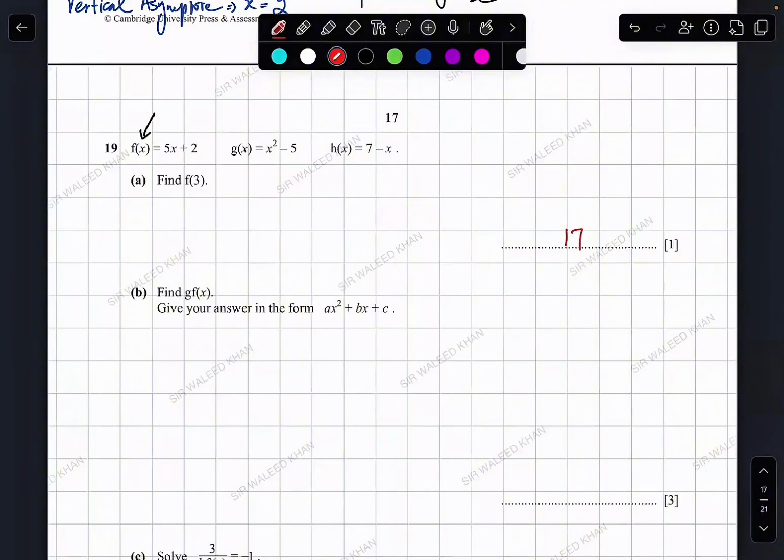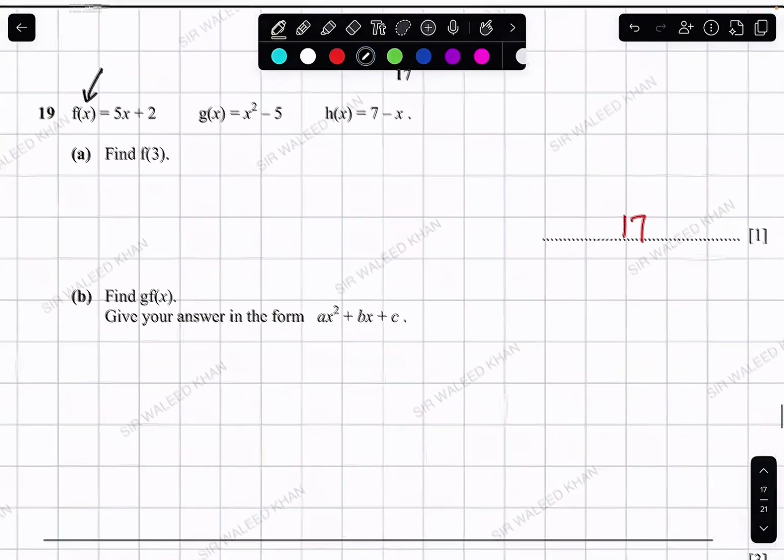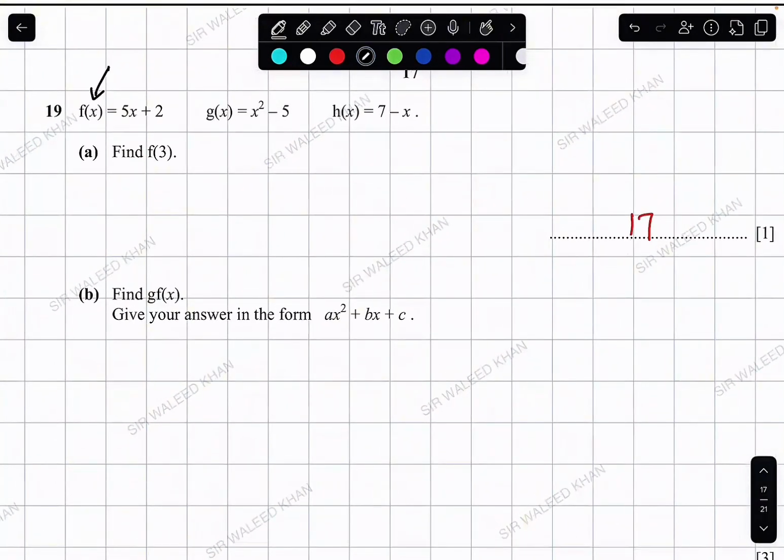Find f of g of f of x, and give your answer in this form. When we are dealing with composite functions, if you remember, we discussed: write the function of the first letter. So the first letter is g. I'm going to write the function of this letter and leave a space.